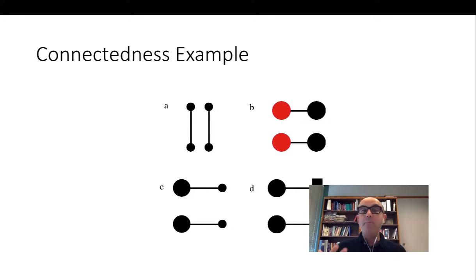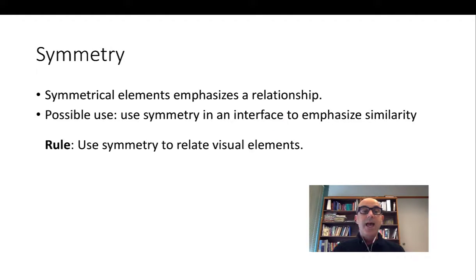This is a good example of how we can make things connected to each other. A, B, C, and even D, even though they are not the same elements in the end, are still connected using a line that makes them connected.